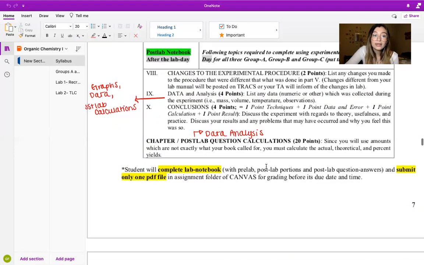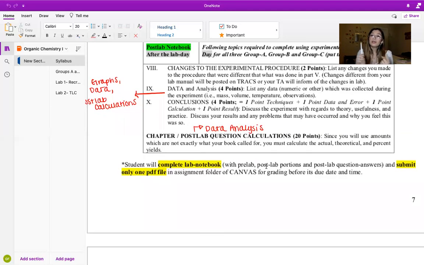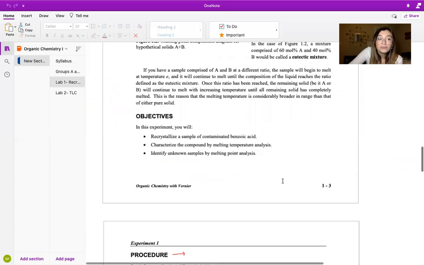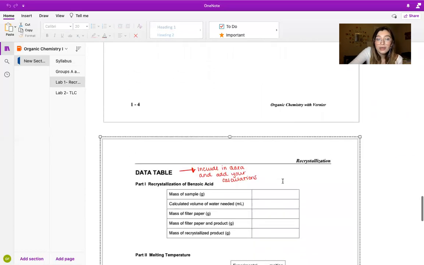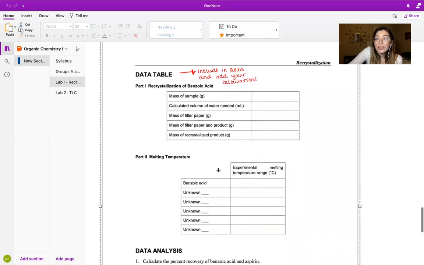Okay, so for your data and analysis, here you're going to put your graphs, your data, and your post-lab calculations. For example, for the recrystallization lab, you have these tables right here. If you want to copy these tables and just put them on your lab report, go ahead and do that if it makes your life so much easier.